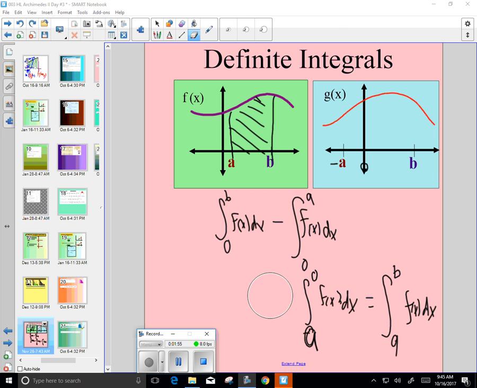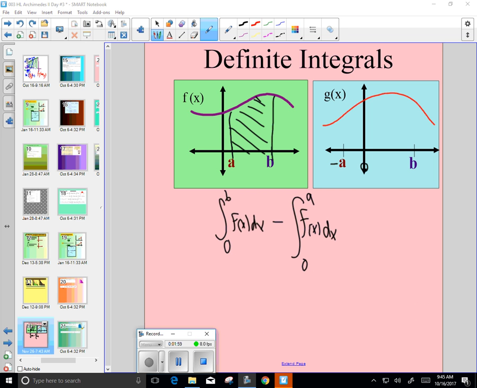You're still going from 0 to B to get this area. And then when you're going from here to here, it's kind of reversed, like this.